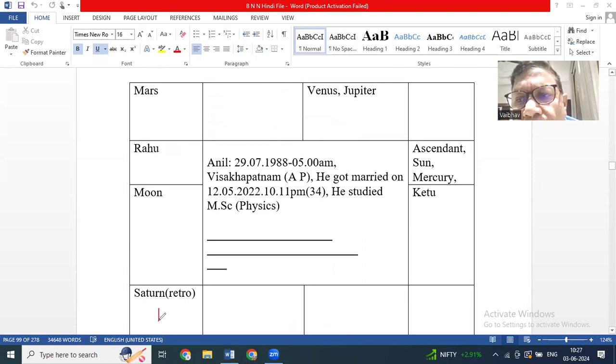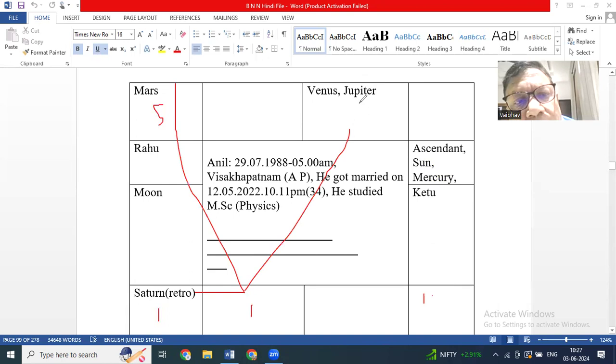Saturn is here, you take the 10th Lord. The 10th Lord is here. First, Saturn is actually retrograde and aspecting Jupiter from the retrograde position.